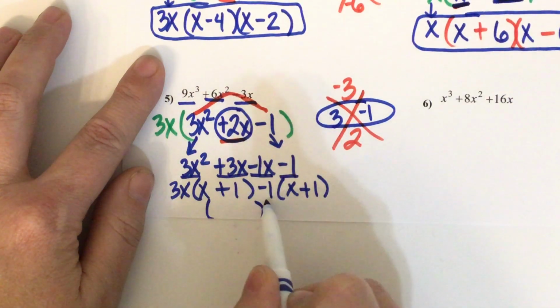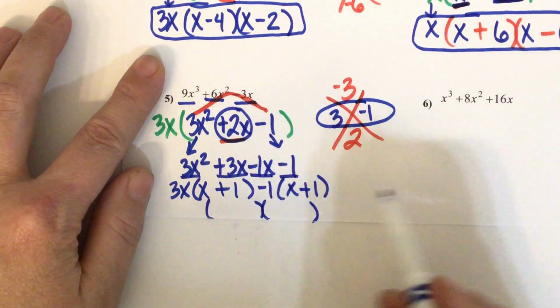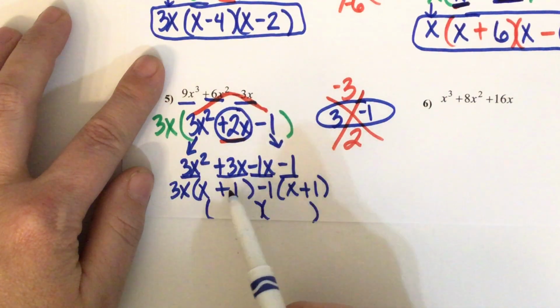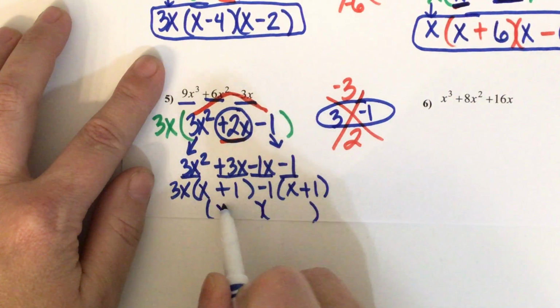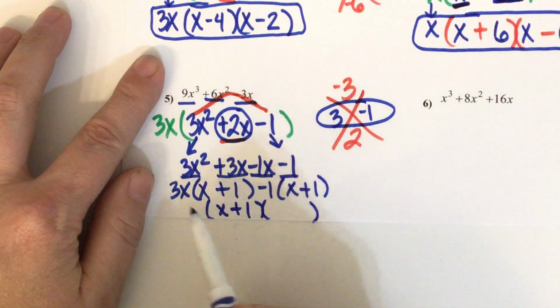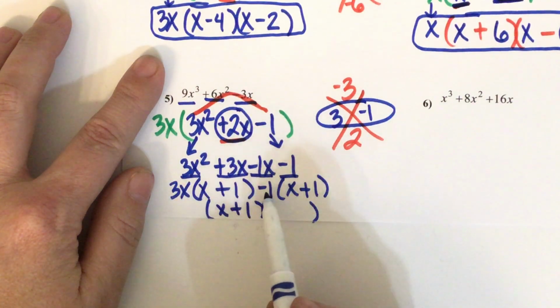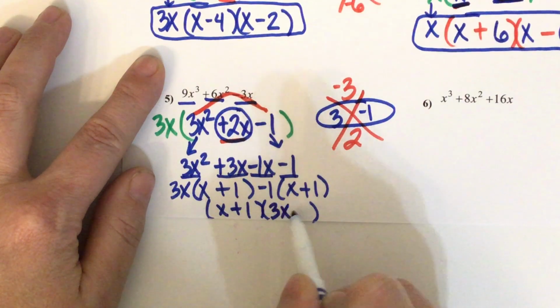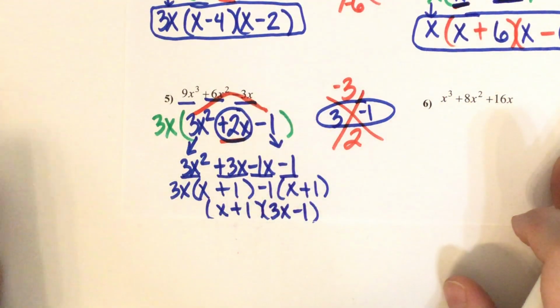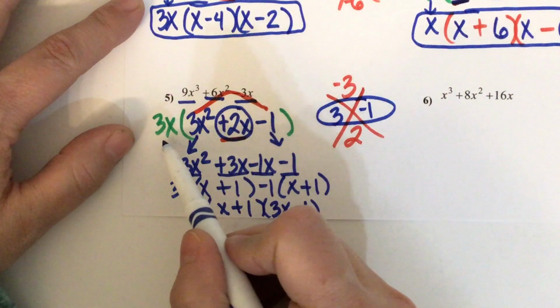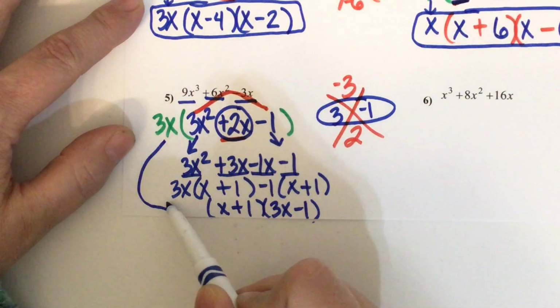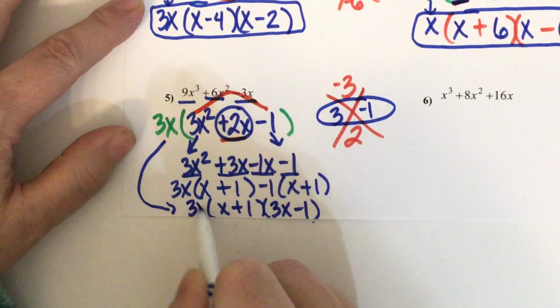Okay, let's build our 2 sets of parentheses and copy, copy. Whatever you wrote here and here, copy it one more time. And whatever's in the front and middle, copy it one more time. 3x minus 1. And then don't forget about Mr. GCF. We took this 3x out at the very beginning, so we need to drop him back down in front. Shoo!